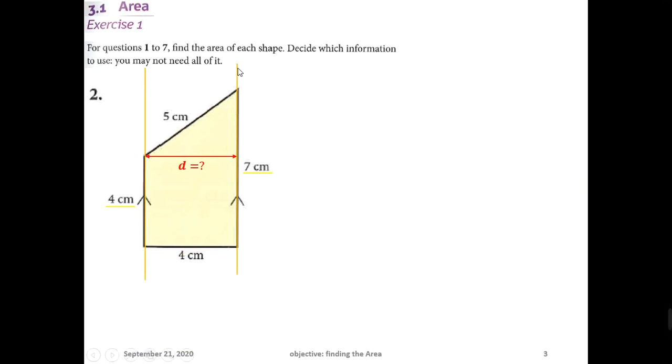So we identified the two parallel sides of this trapezium, which are 4 and 7. The vertical distance we named D, and it's unknown.